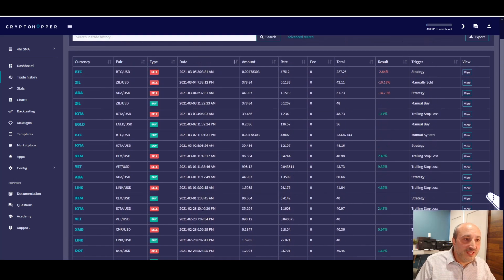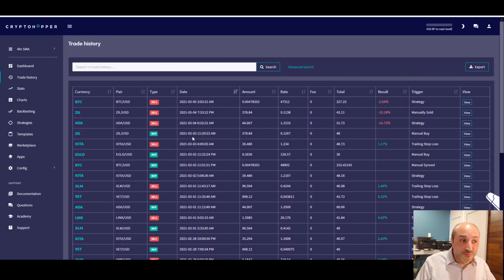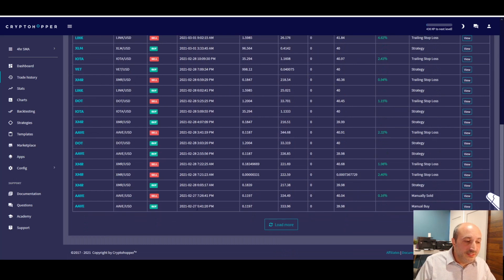And I traded with that setting, the same one I've been using for the last couple of weeks, up to here. On this date, I started with a different setup. That's why you see manual and strategies here, but it doesn't matter. So it was from the 3rd and it starts on the 27th. So let me show you on the map, because I know when it's a downtrend, it's not as good.